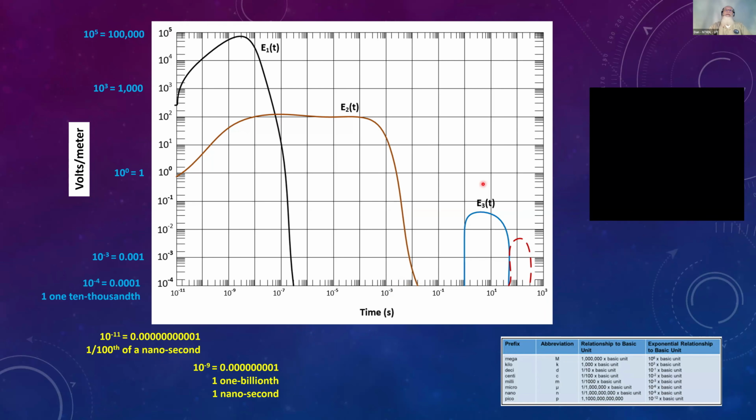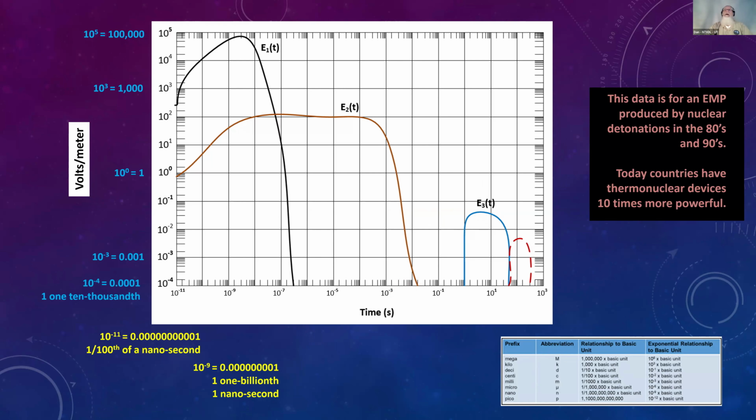And the E3 wave is the long wave, and it lasts for a long period of time. So just keep this chart in mind when we talk about that.